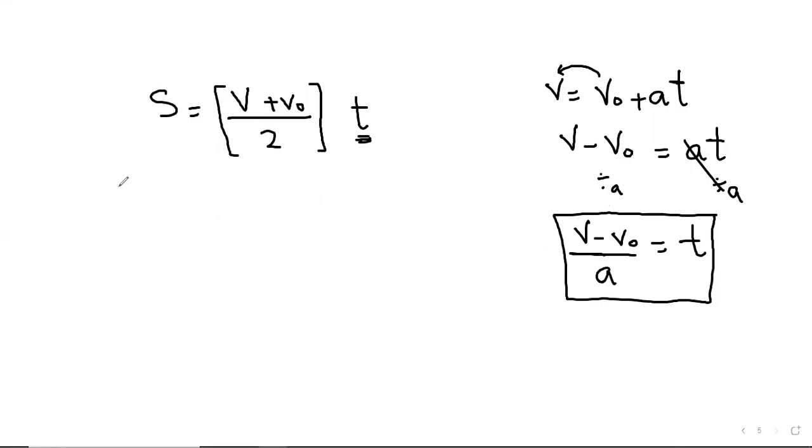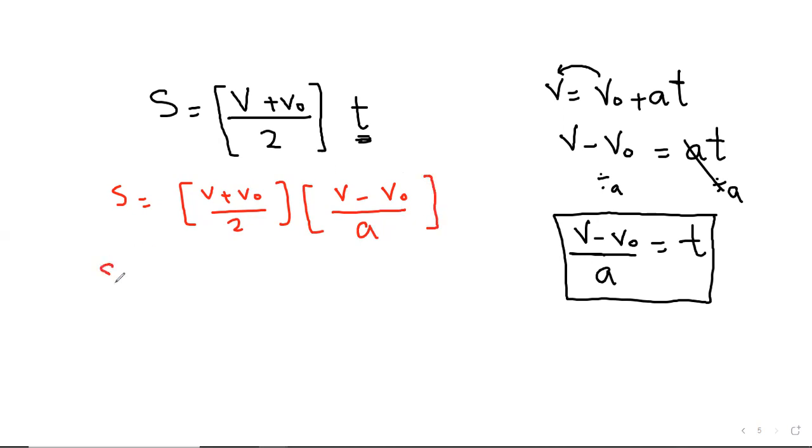Substituting this equation, S equals V final plus V initial over 2 multiplied by T, which is V final minus V initial over A. And then multiply. We have at the top V final plus V initial, and here V final minus V initial.